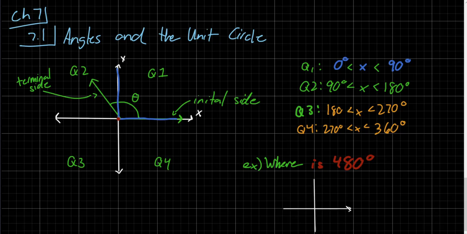Counterclockwise. Because we want to go from 1, 2, 3, 4. Okay, well, technically it's this way. So at 1, 2, 3, 4. Quadrant 2. Can you draw it for me? I want you to draw it. Draw it spinning around from my initial side all the way to my terminal side.